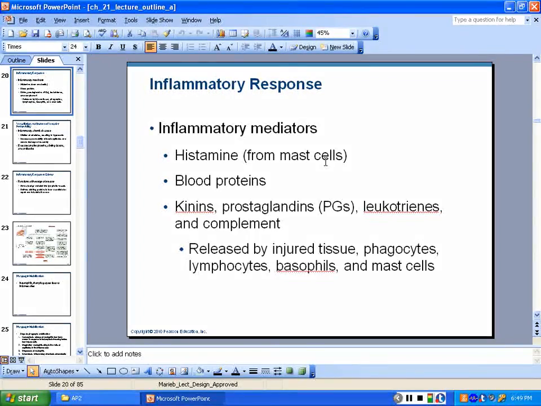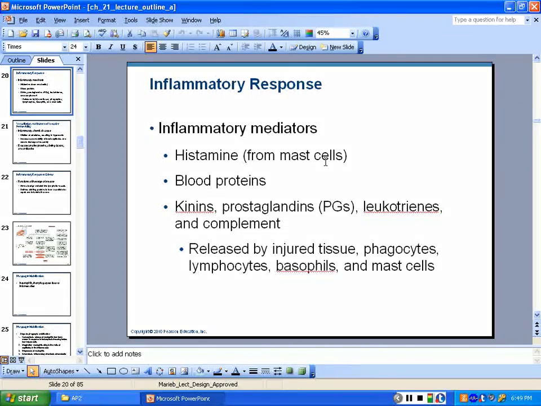Therefore, if you think back to the bee sting, and the tissue swelling around the bee sting, tell me what causes the redness of inflammation. The increased blood flow to the area. Blood's red, right? So the increased blood flow to the area causes the redness.